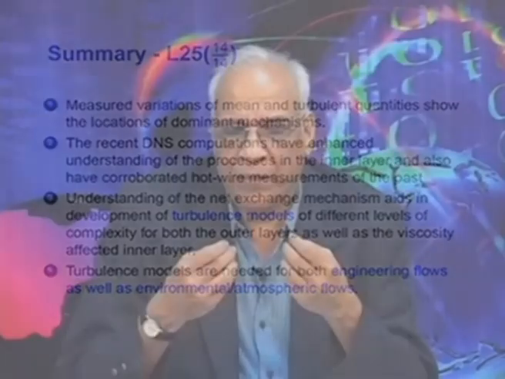But with the availability of very fast computers now, we can compute the instantaneous forms of the Navier-Stokes equations, which is called direct numerical simulation, and can place as many grid nodes as we want very close to the wall and can get very accurate computations of the velocity fluctuations in that region.